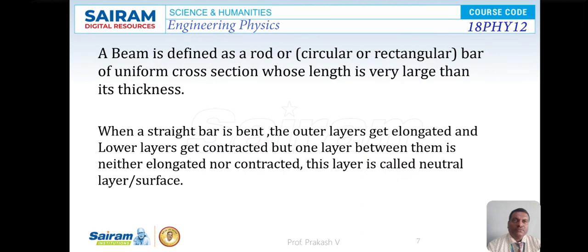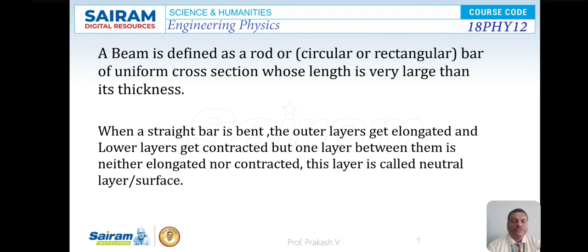A beam is nothing but a rod or a circular or rectangular uniform bar whose length is very much greater than its thickness. When a straight bar is bent, the outer layers undergo elongation and the lower layers get contracted, but one layer between them is neither elongated nor contracted. This layer is called neutral layer or neutral surface.